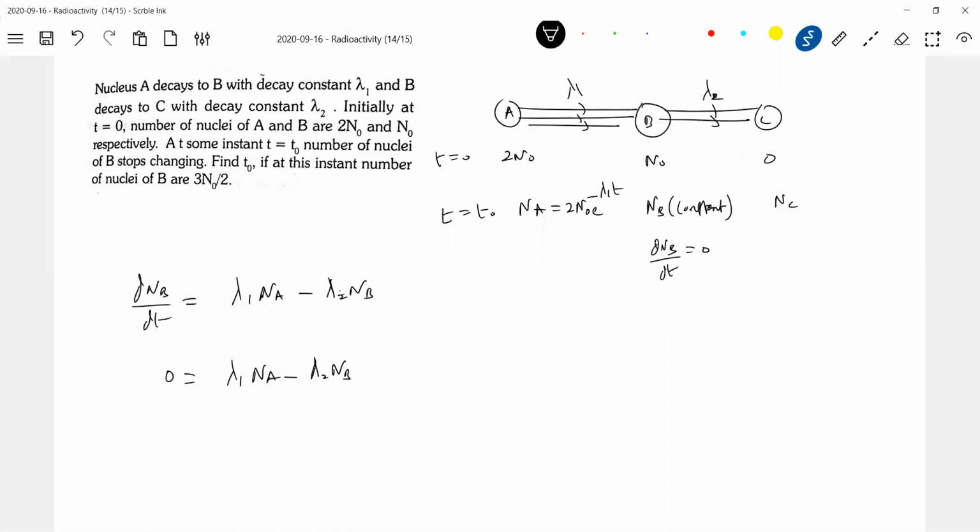And NB is equal to 3 N naught by 2. We know the value of NB, so I'll substitute everything: lambda 1, 2 N naught e to the power of minus lambda 1 t, minus lambda 2 times N naught by 2. Shall we write t naught? Solve for t naught, we'll get the required answer.